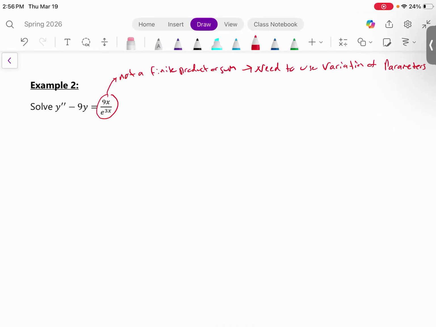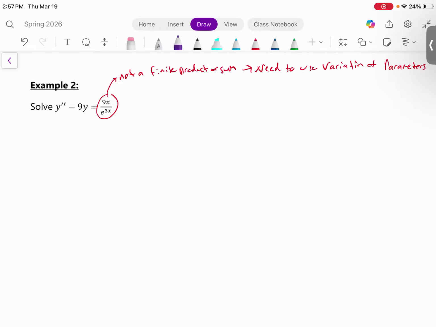We need to use variation of parameters because of this 9x over e to the 3x. So we need to solve this non-homogeneous differential equation.